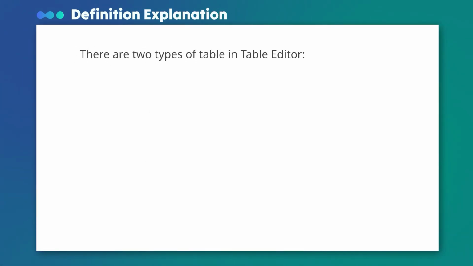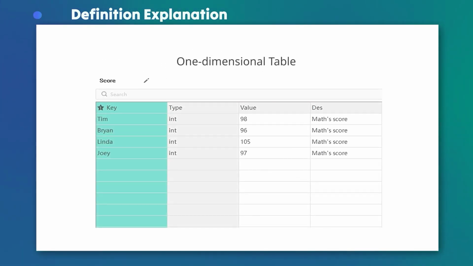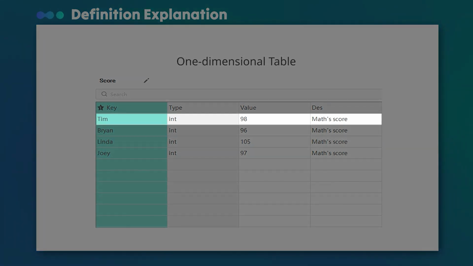There are two types of tables in table editor: one-dimensional table and multi-dimensional table. In one-dimensional tables, each row is an independent piece of data, including key, type, value, and description. In each row, different columns are different aspects of the same piece of data. For example, column 2 describes the type of the data, column 3 describes the value of the data.